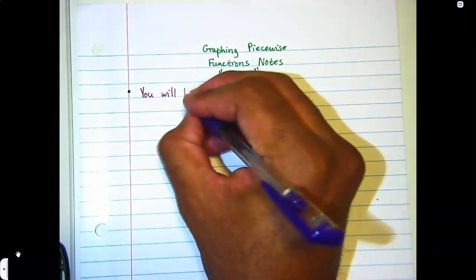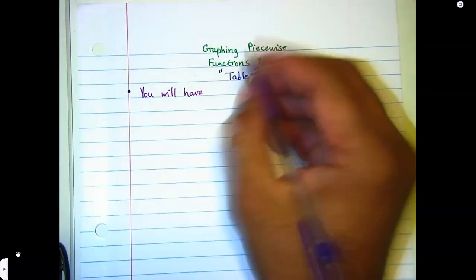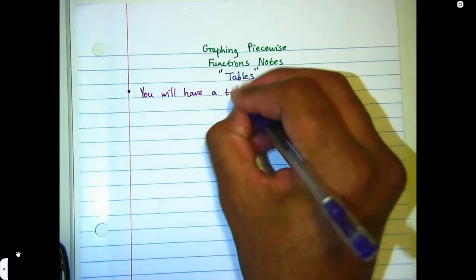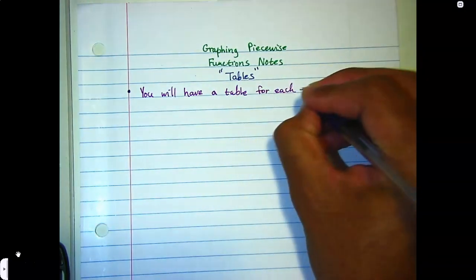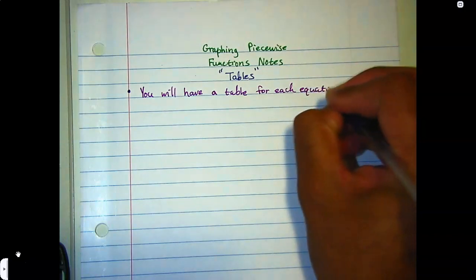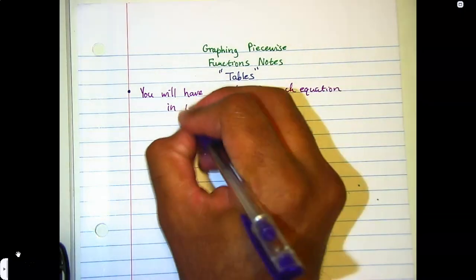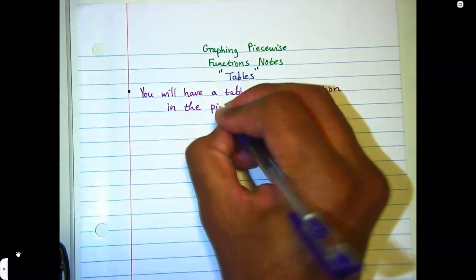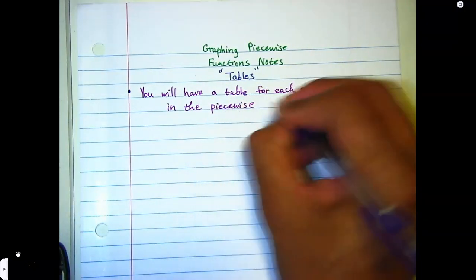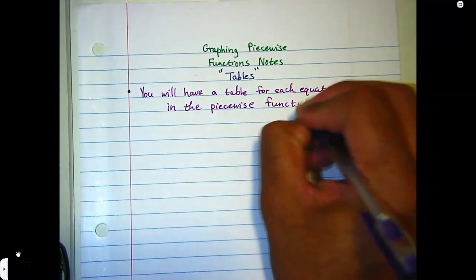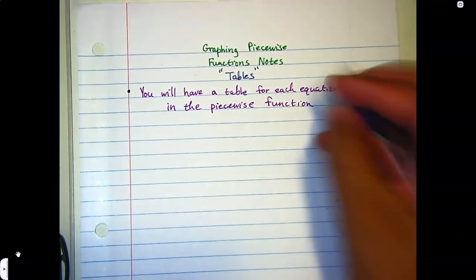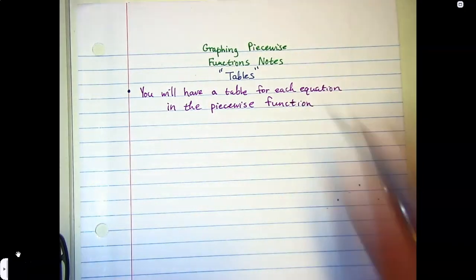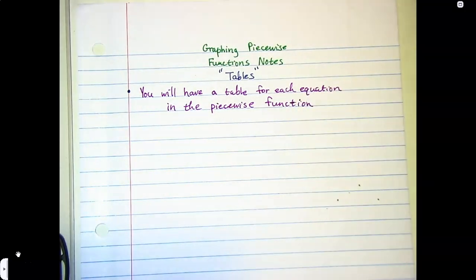You will have a table for every equation in the piecewise function. So no matter how many equations there are inside the function, that tells you how many tables you need to have. If you have 3 functions, you have 3 tables. If you have 2 functions, you have 2 tables. If you have 4 functions, you have 4 tables.